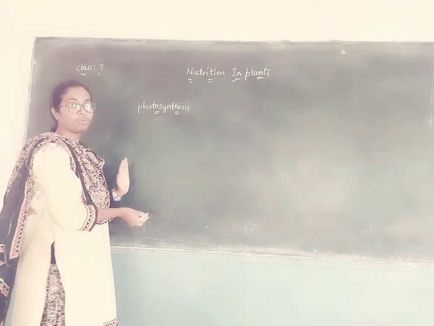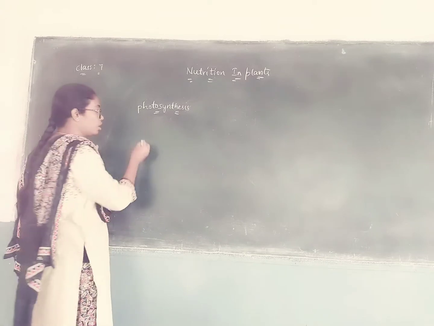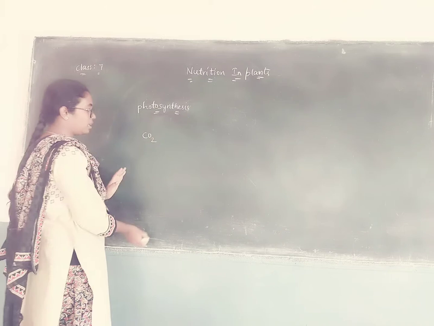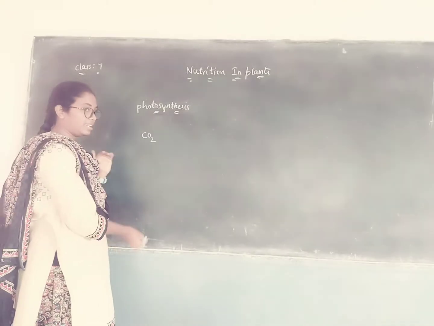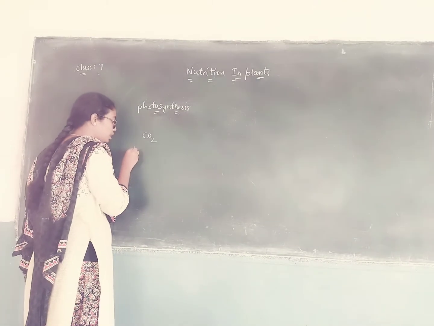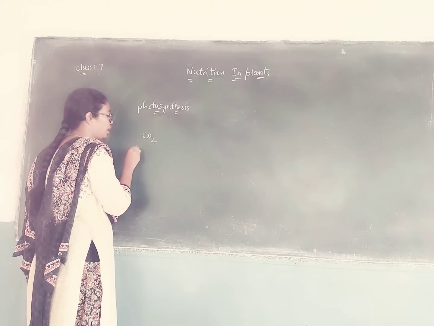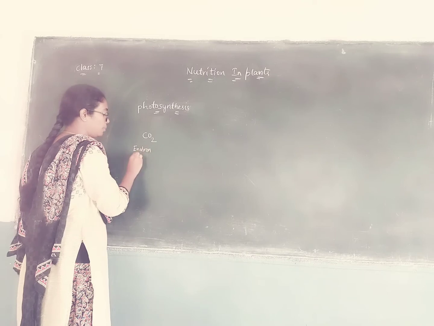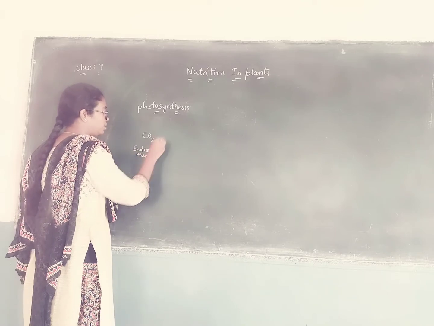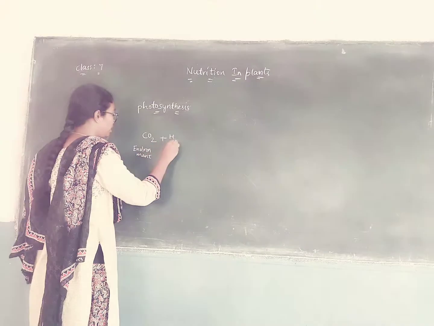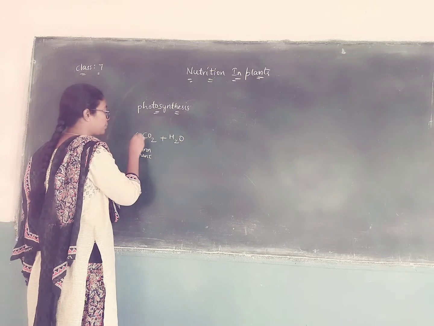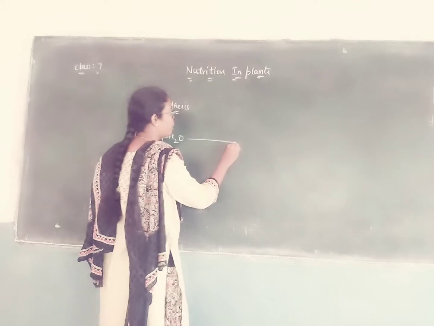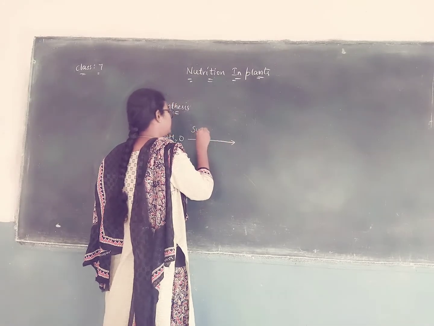Let me try to know about photosynthesis. In the photosynthesis process, the plants will take CO2 from the environment, and they combine it with H2O, that means water molecules, in the presence of sunlight.